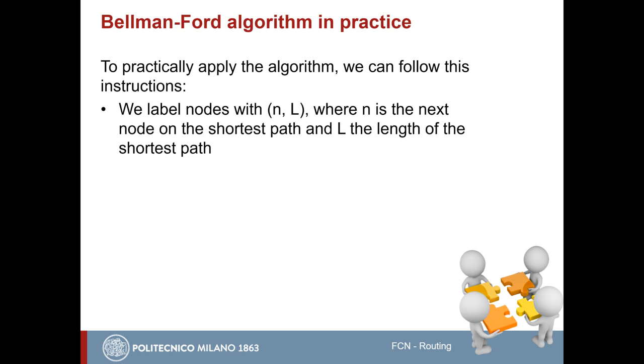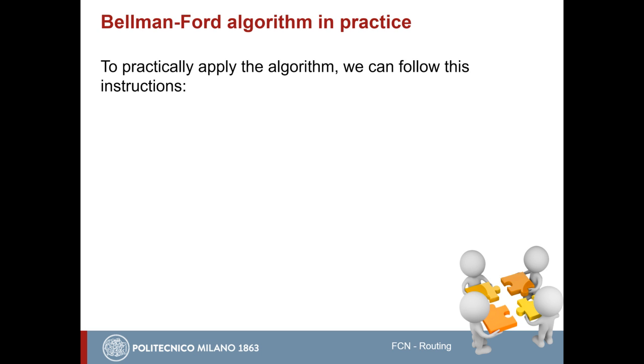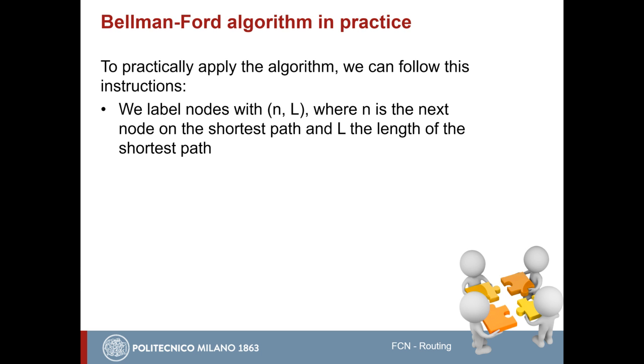So if we want to show the Bellman-Ford algorithm using basically a piece of paper and a pen, what we can do to practically solve this algorithm in a reasonable time is the following.